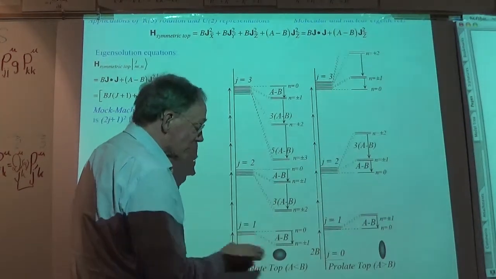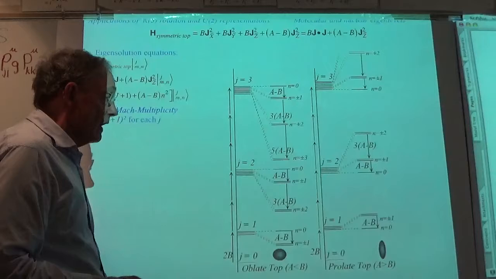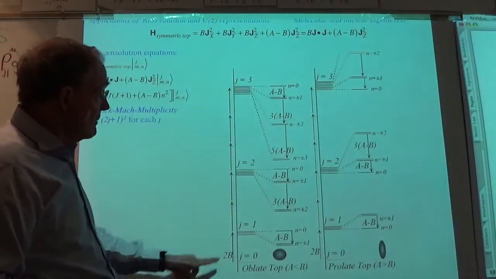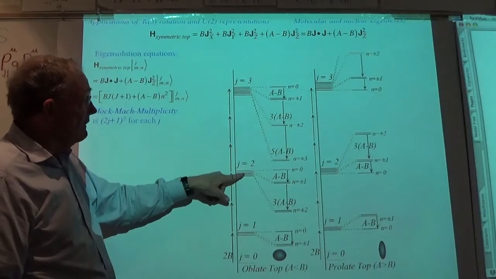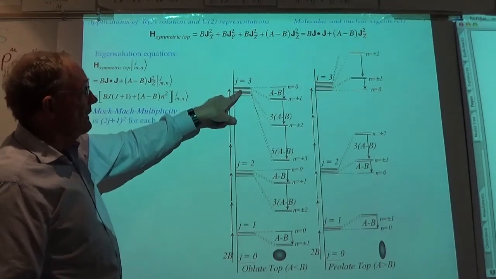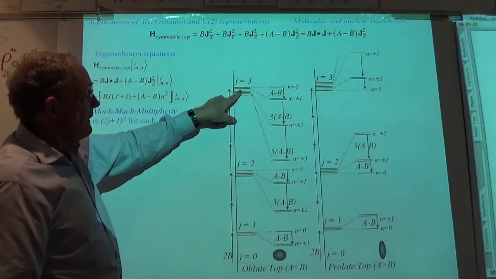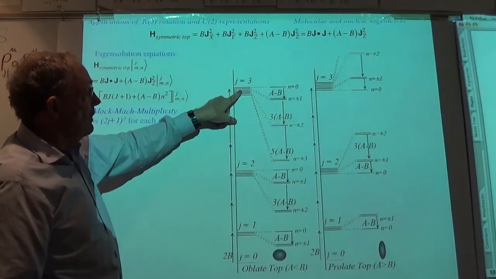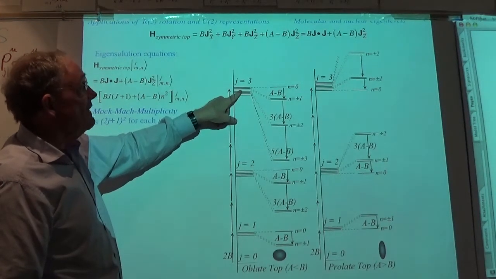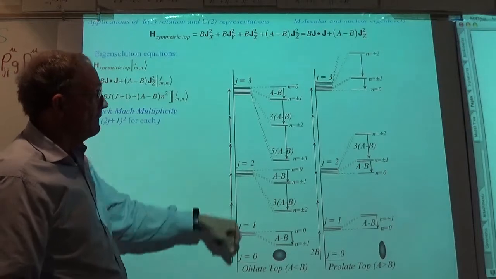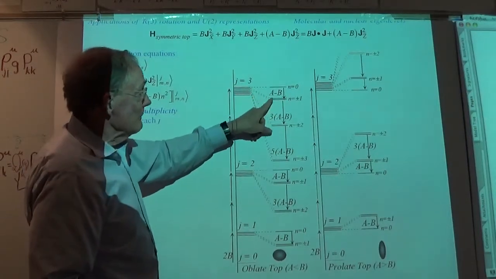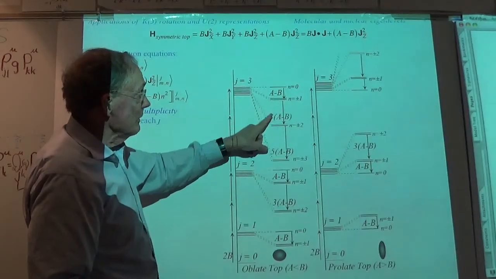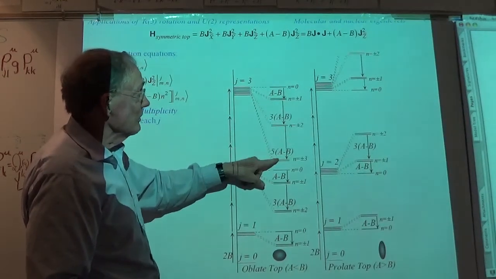But every one of those levels is 2j plus 1 degenerate. So there are 9 levels here, and 25 here, you see. Now, here we're talking about 7 squared, 49 levels hiding in there. Each one of these is 7-fold degenerate. That makes 14 degeneracy there, 14 degeneracy there, 14 degeneracy there.